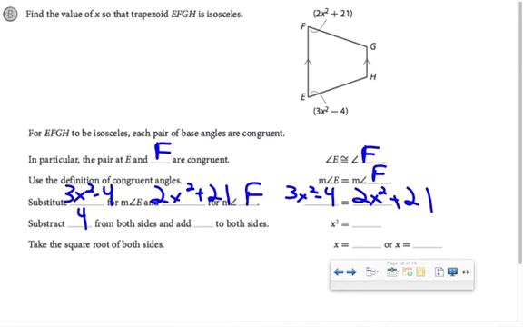I'm going to subtract 2x squared from both sides, and add 4 to both sides to get that x squared equals 25. So that means x equals 5 or negative 5.